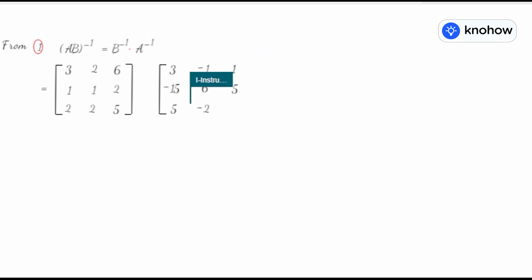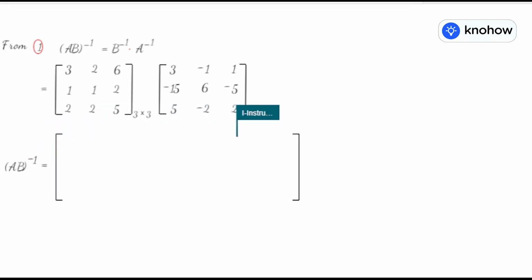And now it is a matter of multiplication. You know multiplication of matrices, both the matrices being of order 3 by 3, the resulting matrix, the product, will also be of order 3 by 3. So (AB) inverse, you know very well how to multiply two matrices. You multiply the elements of the first row with the first column and you get the first element of it.